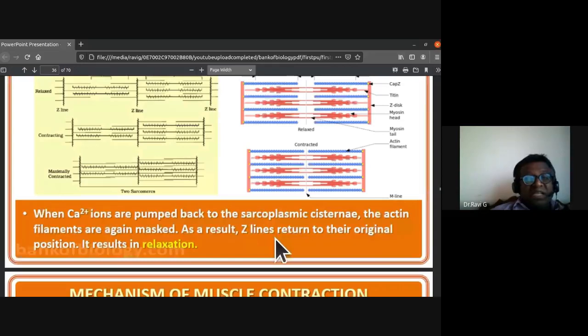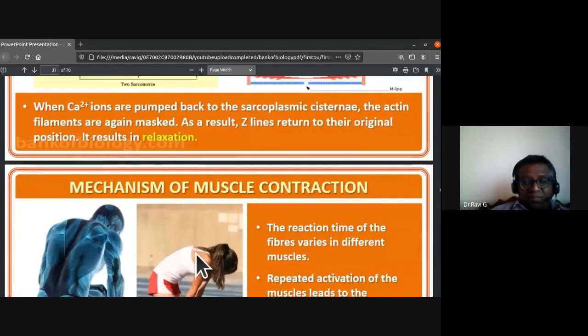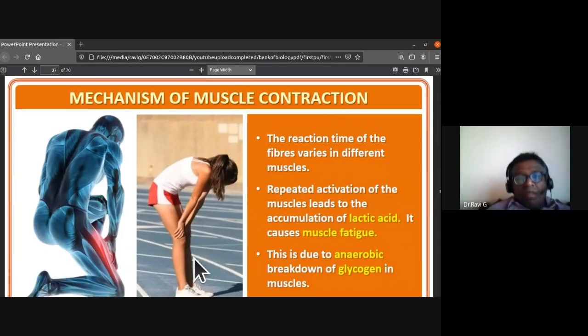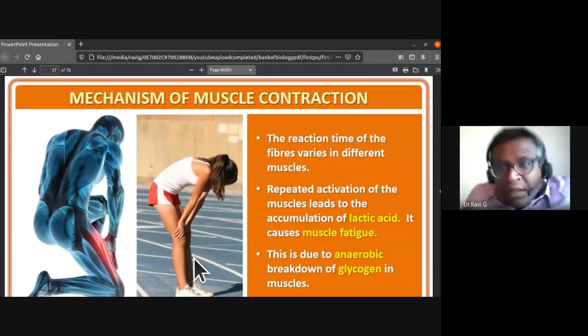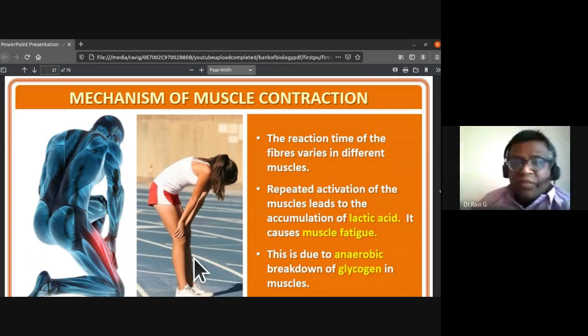So when calcium ions are pumped back, the actin filaments are again masked, Z lines return to their original position, and it results in relaxation.